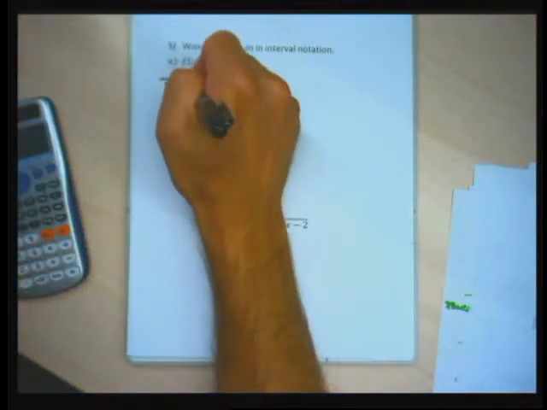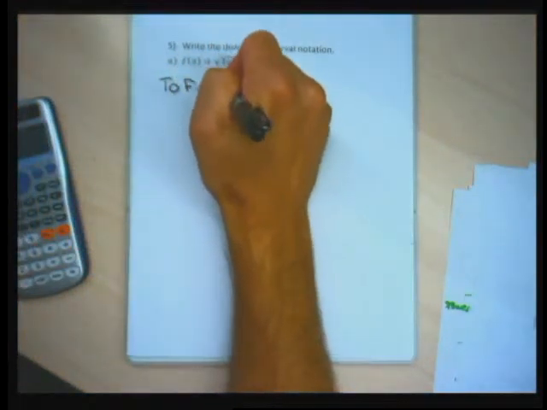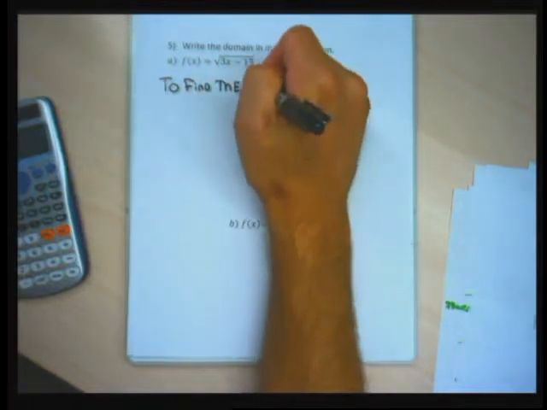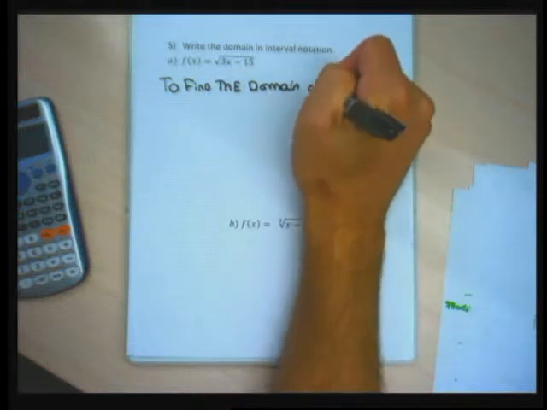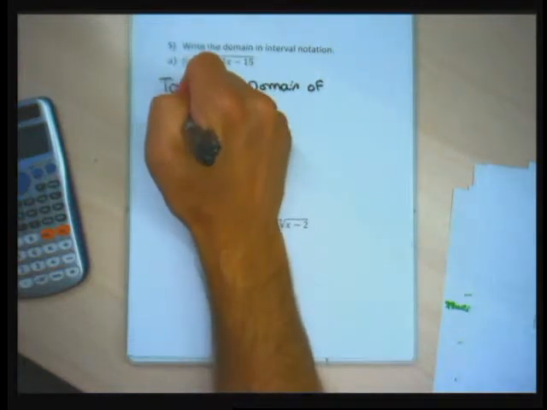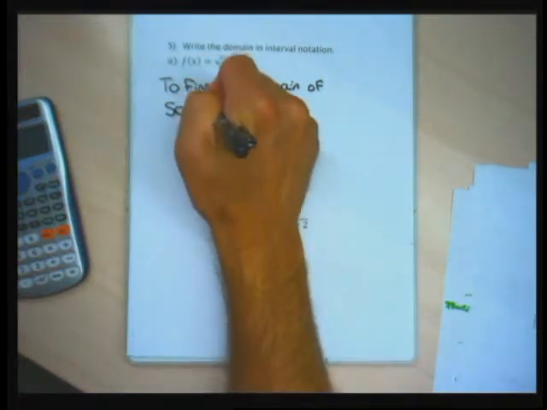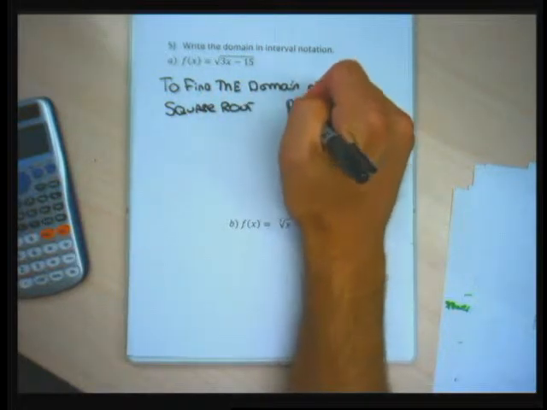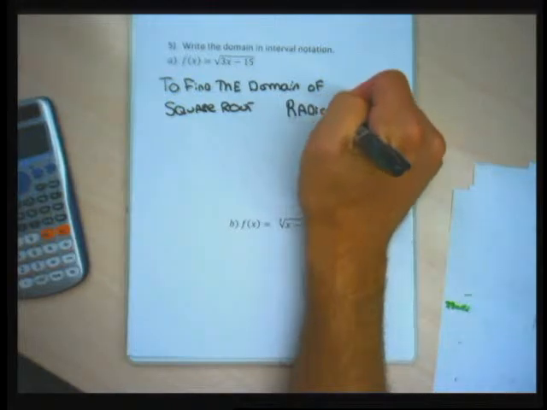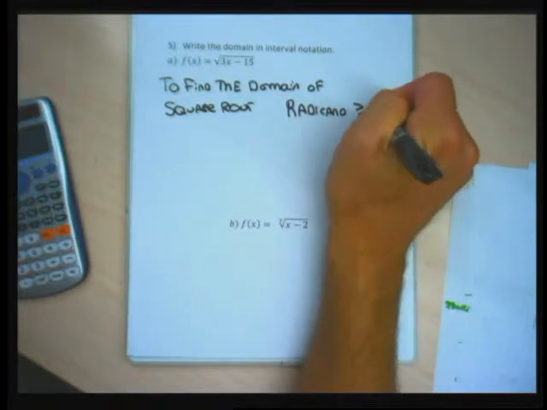I should know that there's algebra that's necessary to find the domain of a square root. Part A is a square root. If this was a cube root, there wouldn't be algebra. We take whatever is under the radical, which I call the radicand, and set it greater than or equal to 0.